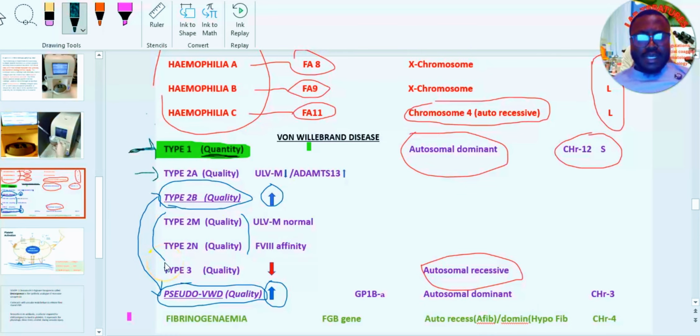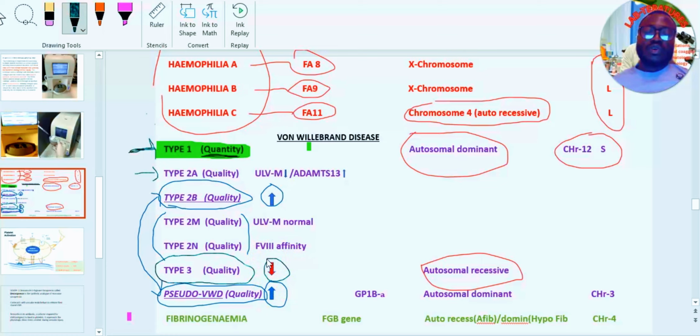So the next type that we are going to discuss here is type 3, which is the last type. This type 3 that I've just circled is the most severe type of Willebrand disease, and it is the most uncommon. It is uncommon because it is autosomal recessive: you have to inherit the aberrant gene from both parents before the disease can be expressed. It is the lowest Willebrand antigen you would ever record on a blood test.